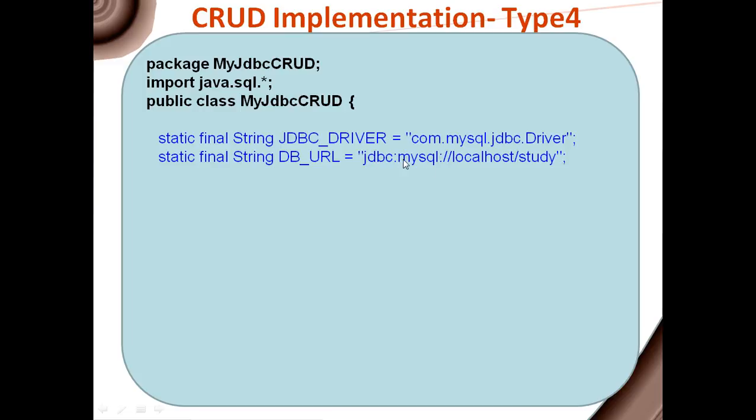For example, here my database name is study and it is situated on the localhost, so it's jdbc:mysql://localhost/study. For you it may be different, so you will have to put this in accordingly. This is part of my JDBC class just to keep things simple. Ideally these two lines should be part of a separate class, maybe like my test. Here I make it simple so that understanding is easier.